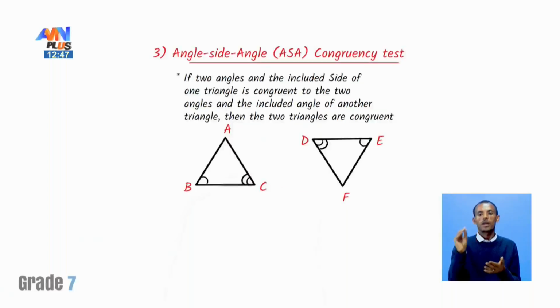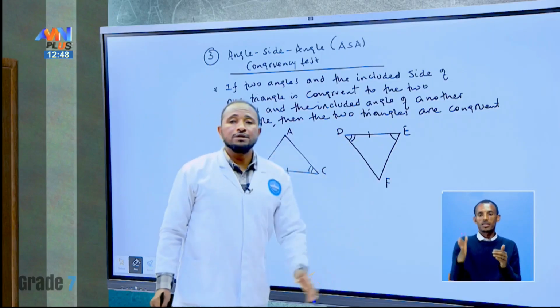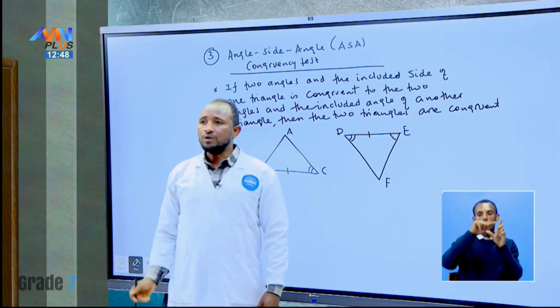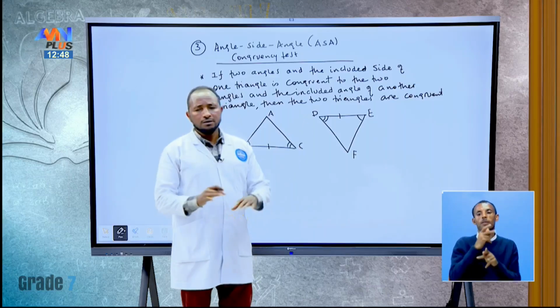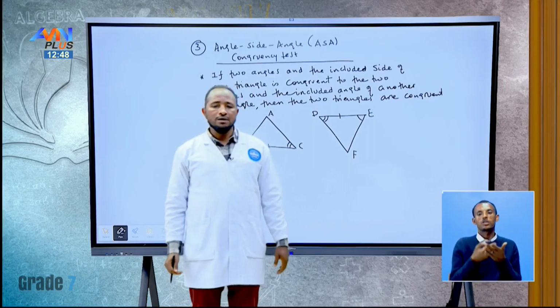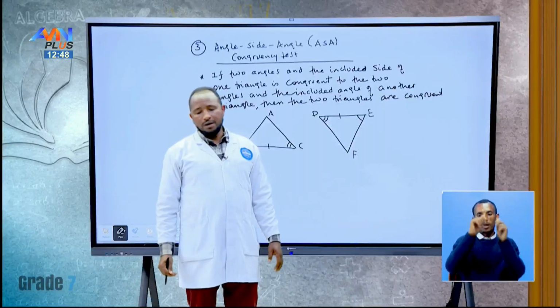So if this side is congruent to this one, then these two triangles are congruent. No need of checking the other parts. If you know these three parts, two triangles are exactly the copy of one on the other.